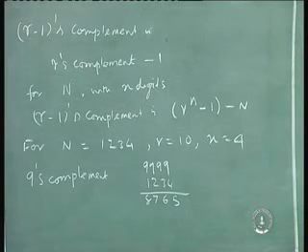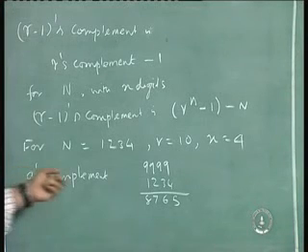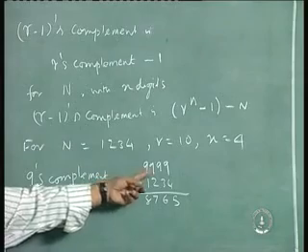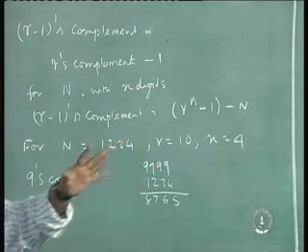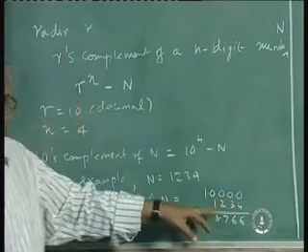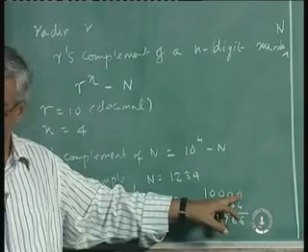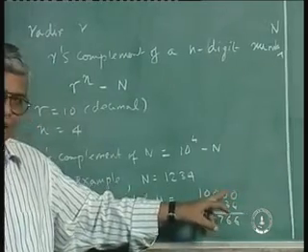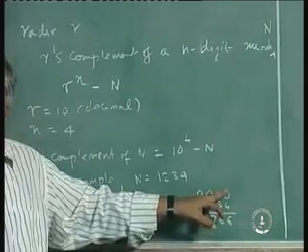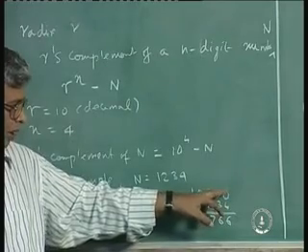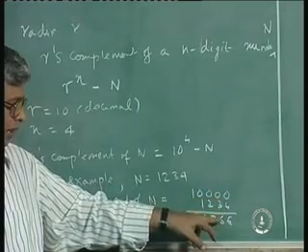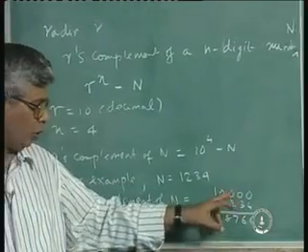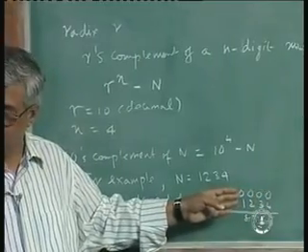So for 9's complement of a given number, why is it convenient? Because 9's complement is nothing but the complement of each digit. Here I have to make a subtraction of 10 minus 4, so borrow is involved. 10 minus 4 is 6, and since it is 10 I had to borrow 1 from here. So when I borrowed 1 from here, this became 9 minus 3 is 6, and this borrow travelled through.